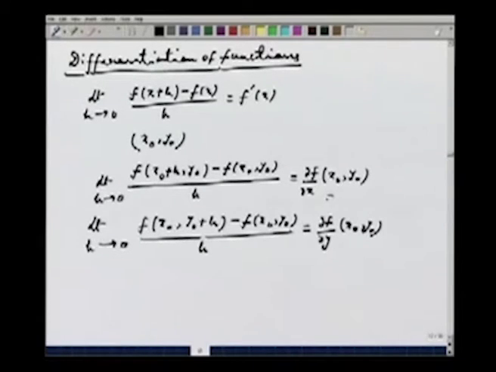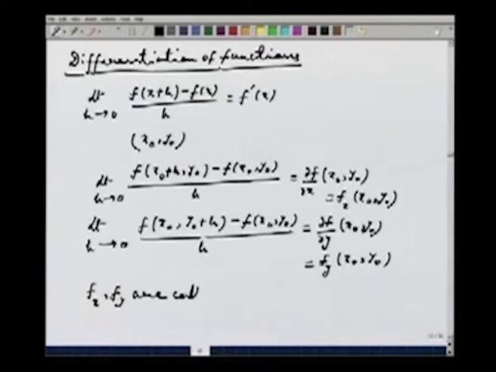I will also denote this sometimes as f suffix x at (x naught, y naught), and the next one I will denote by f suffix y at (x naught, y naught). These are called partial derivatives. So f x, f y are called partial derivatives.